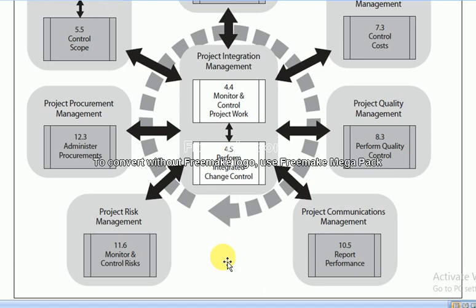For example, dear students, the product of the project might meet the budget and the schedule targets, but the quality requirement might not meet the customer expectations. In this case, the project will be considered a failure. So therefore, performing quality control is very important.